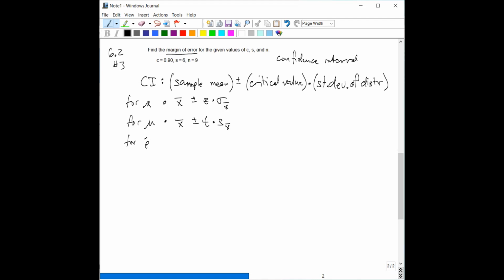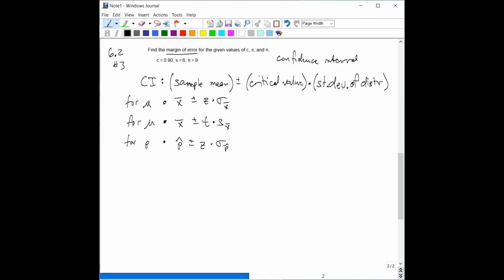And then you could also be making a confidence interval for p, and that would be p hat plus or minus z times sigma for p hat. So for our purposes, we can make a confidence interval either for mu or for p. For mu there are 2 different formulas, and for p we've only got the one formula.